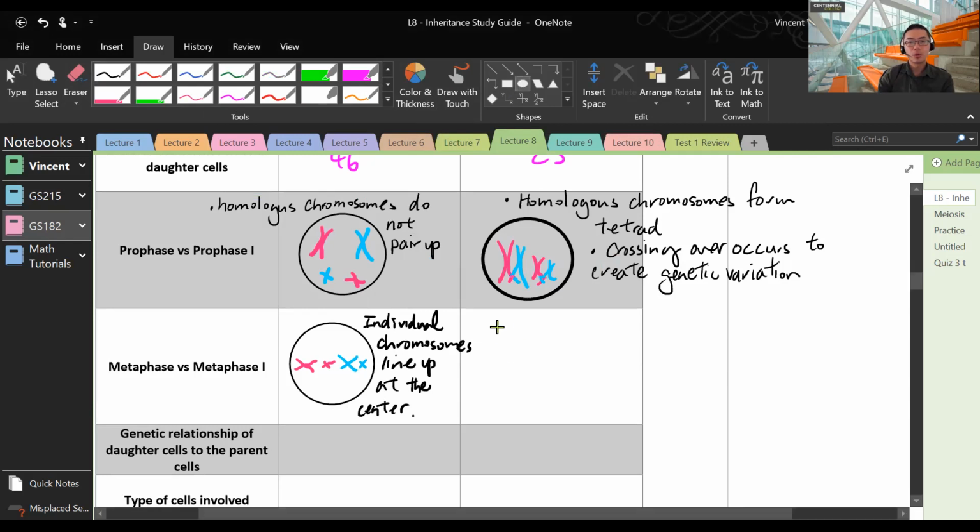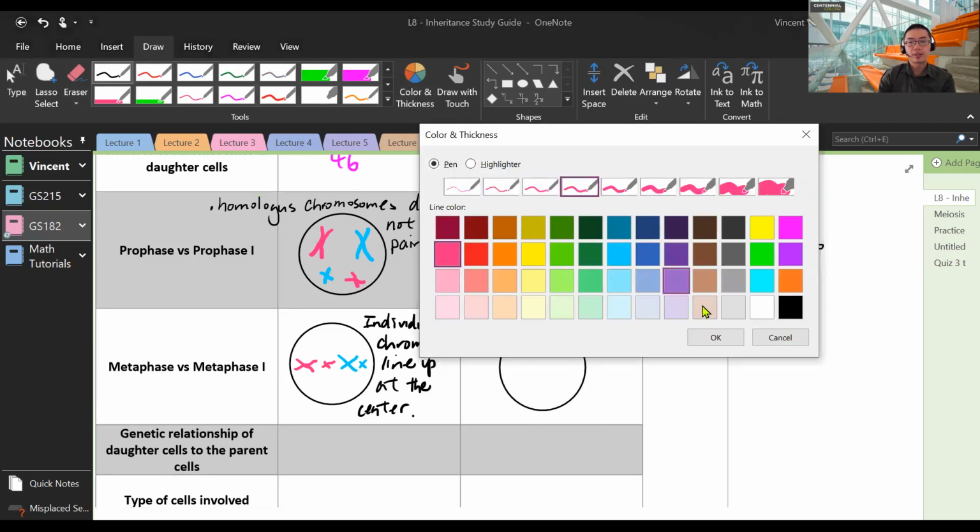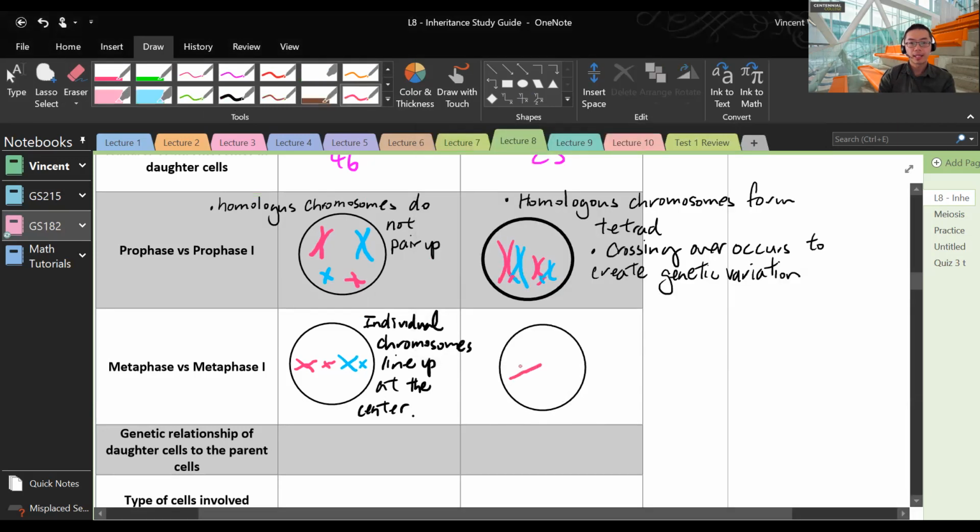Whereas for meiosis 1, for metaphase 1 rather, the tetrad will be lining up in the center.